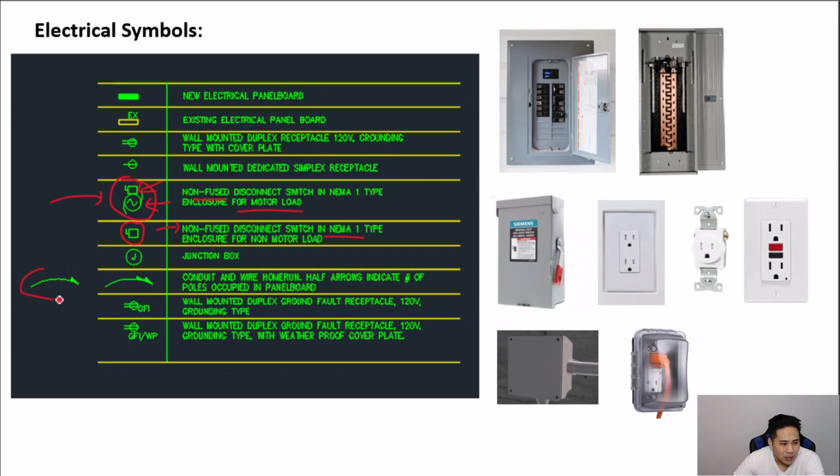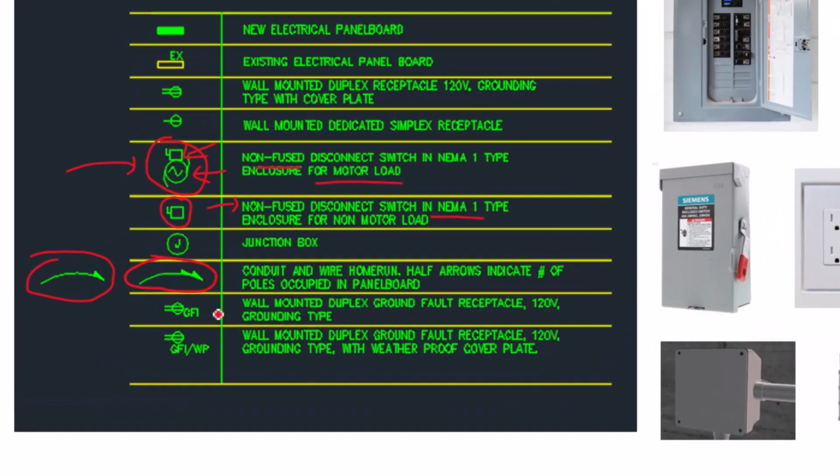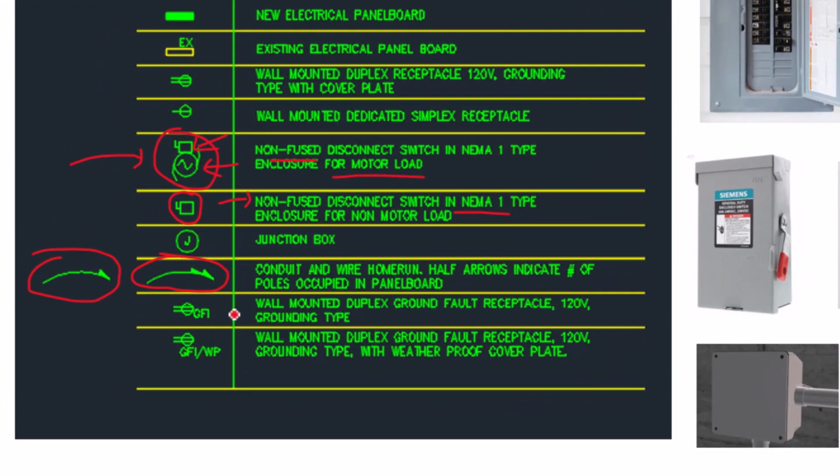This symbol right here represents how many conductors are going to that particular equipment. So this has one arrow, which means one hot leg is going to that circuit. If you have two, it means two hot legs are going to that circuit. Sometimes you could have a three-phase, which means that you'll see a third arrow, which just represents that it's a three-phase circuit.